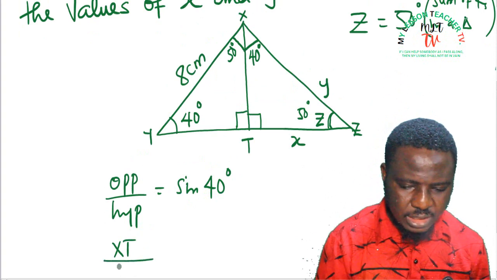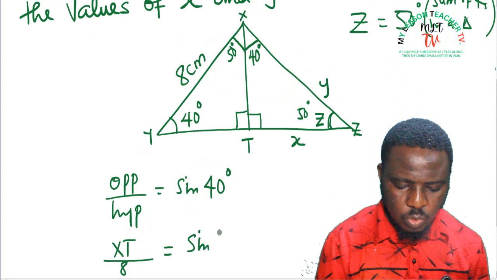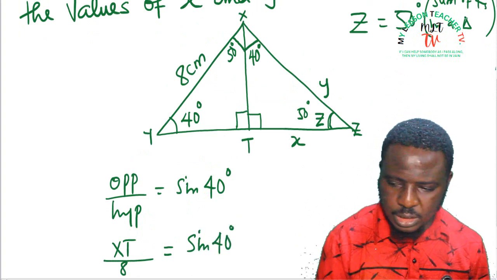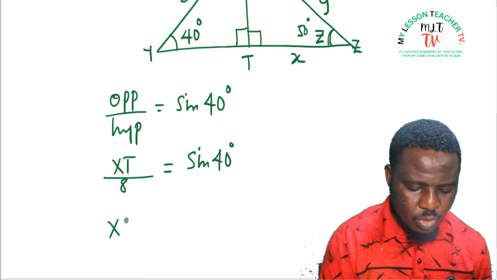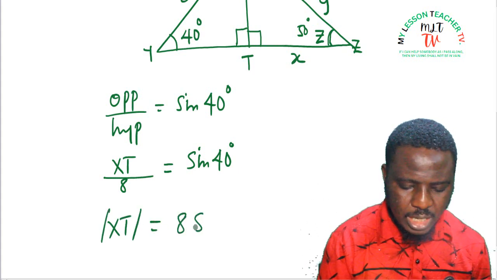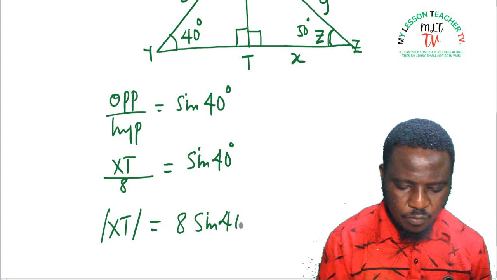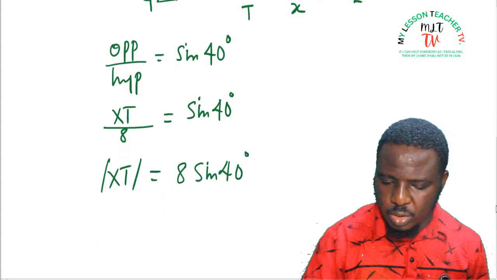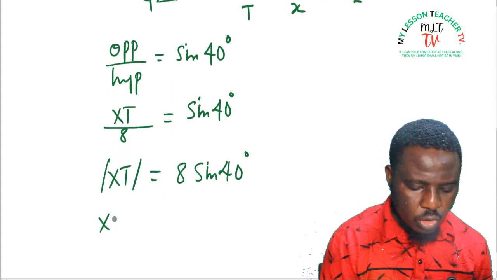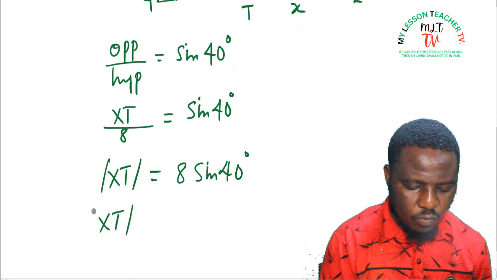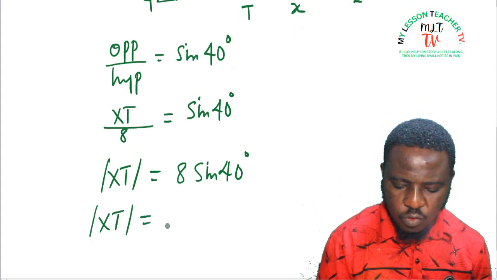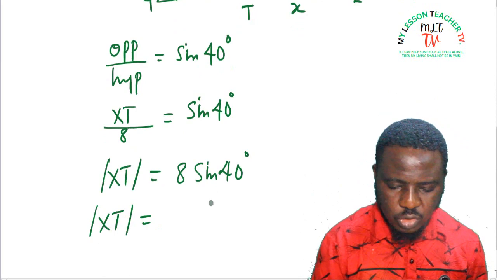So the ratio of xt to the hypotenuse, which is 8, is equal to sine 40 degrees. When you cross multiply, side xt is equal to 8 sine 40 degrees.